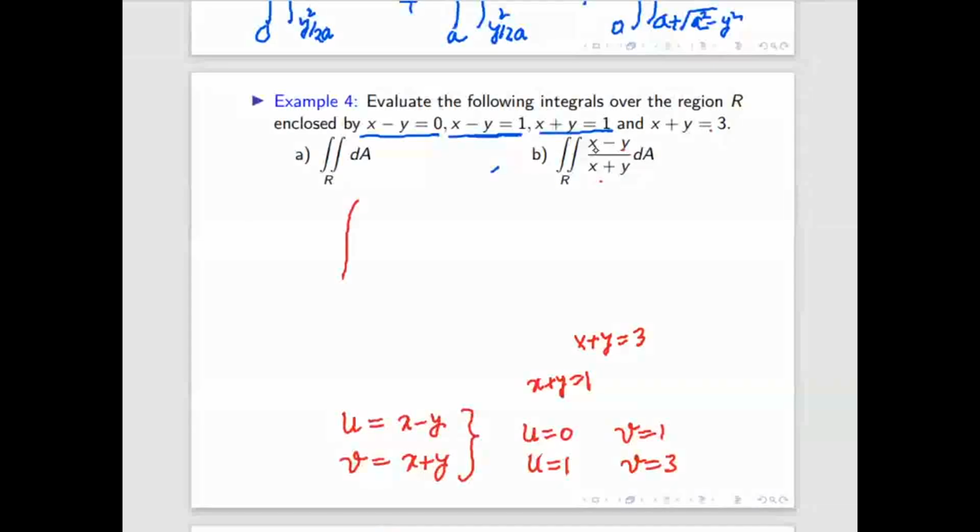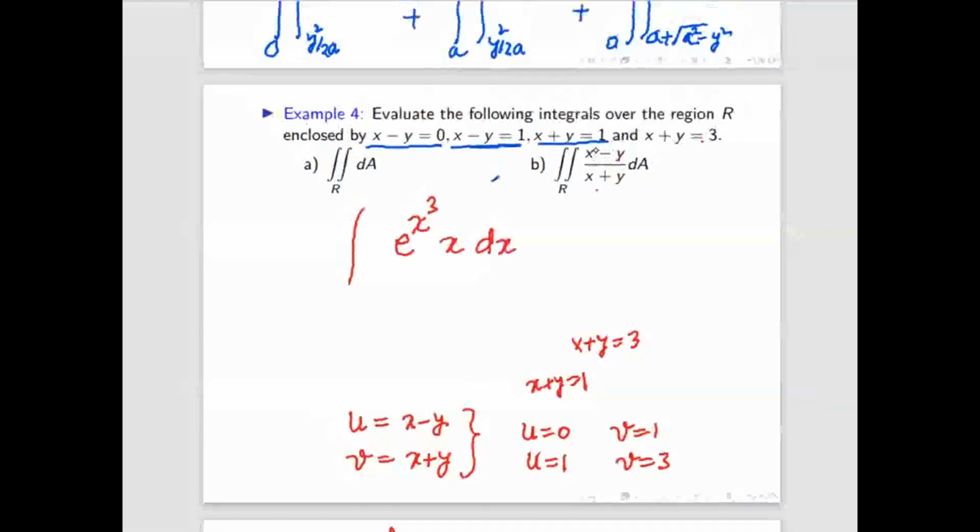Substitution in a single variable means you have to integrate something like e to the power x square times x dx. Then how will you integrate this? Suppose the limit is from 1 to 2. Take x square equal to t. Then what will change after that?